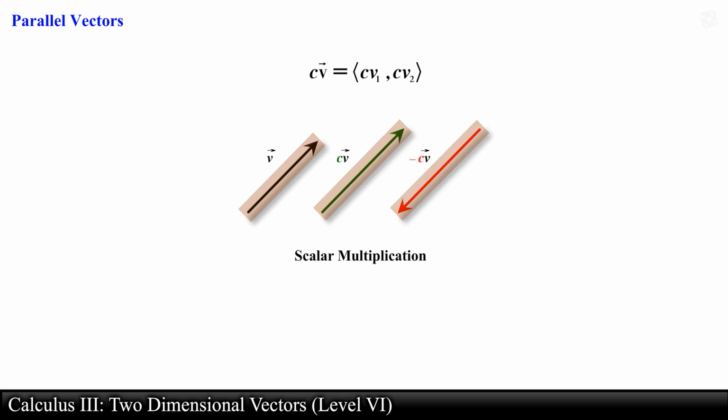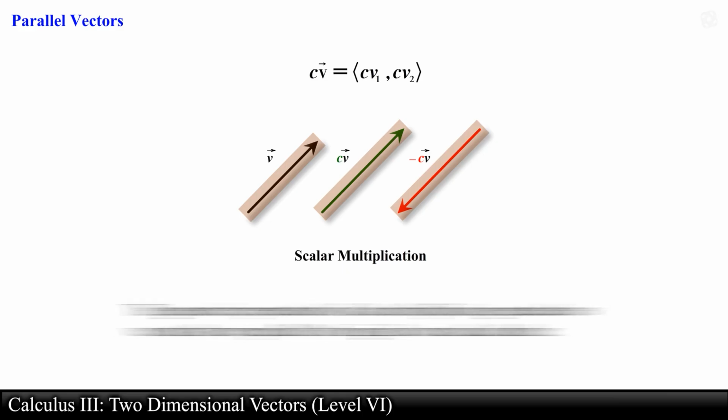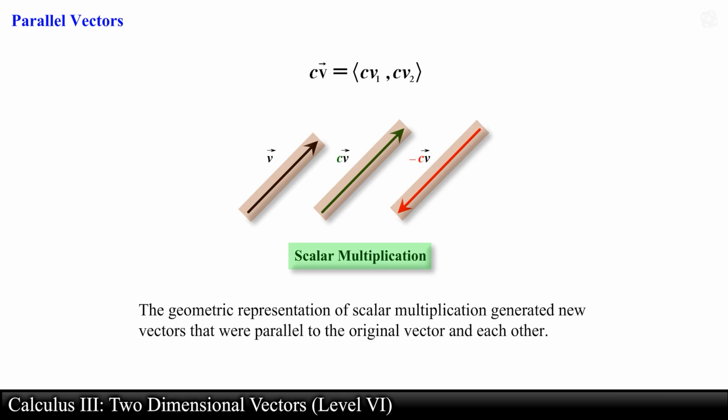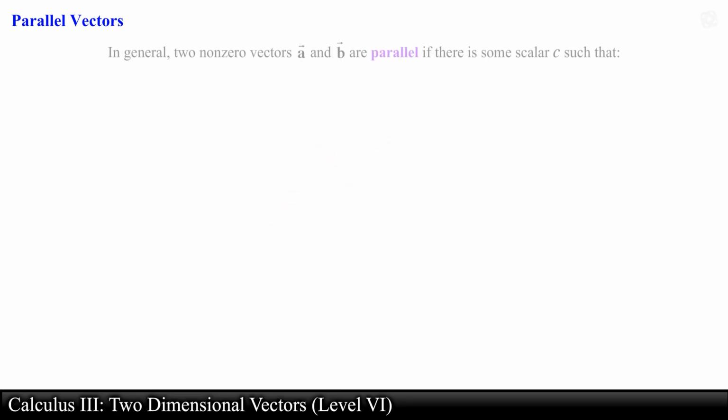in opposite directions. Recall that the geometric representation of scalar multiplication generated new vectors that were parallel to the original vector and each other. In general, two non-zero vectors a and b are parallel if there is some scalar c such that vector a equals c times vector b.